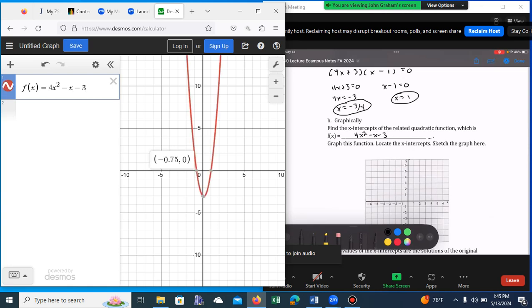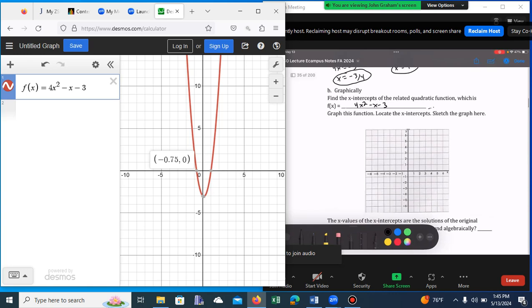We see we get 2 points. This is where they cross, 1, 0, and negative 0.75. And we can also see it crosses down here at 0, negative 3. The graph looks something like this.